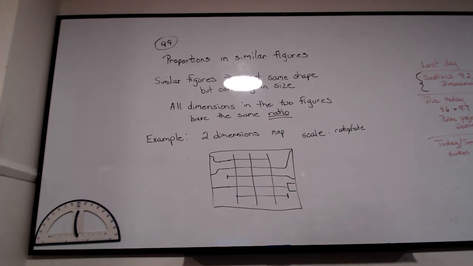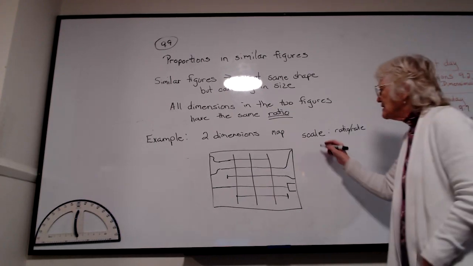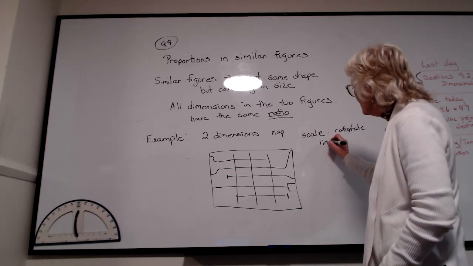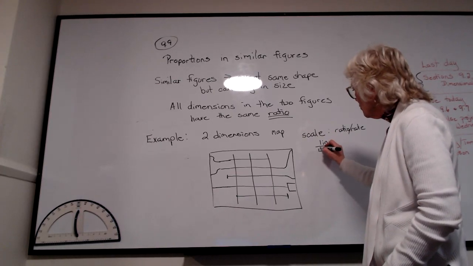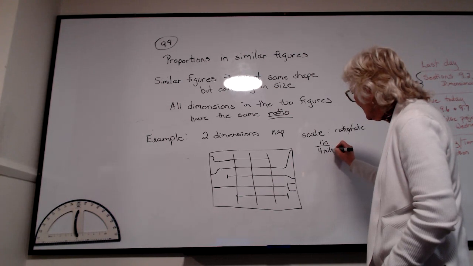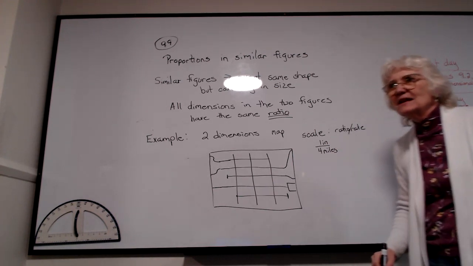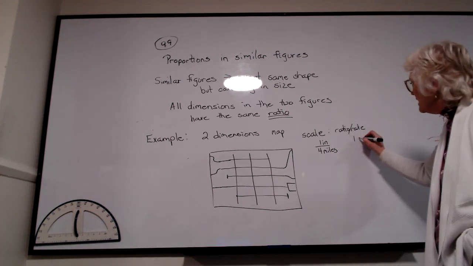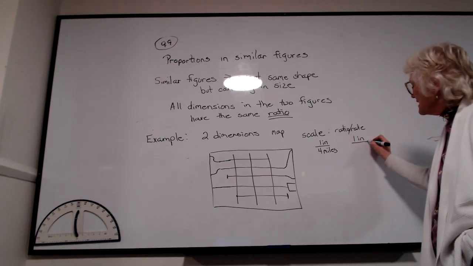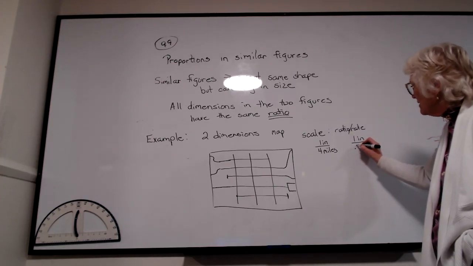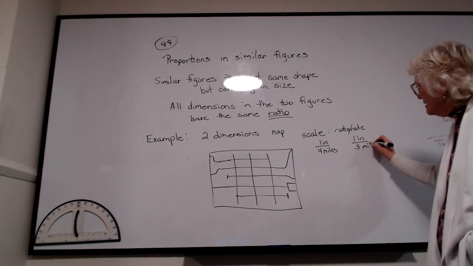A lot of maps, it's 1 inch is the same as 4 miles. That's one way they can do it. Some maps do 1 inch is the same as a half a mile.